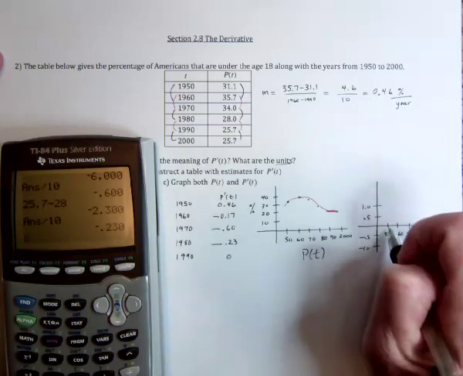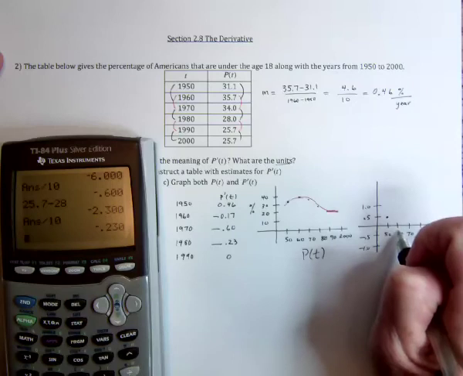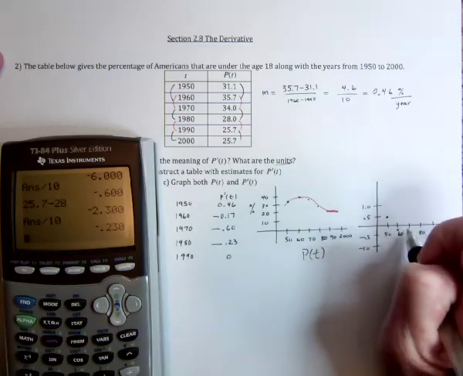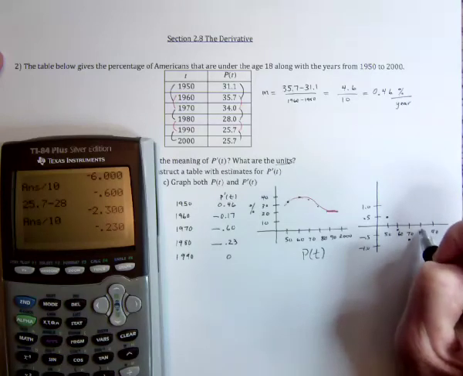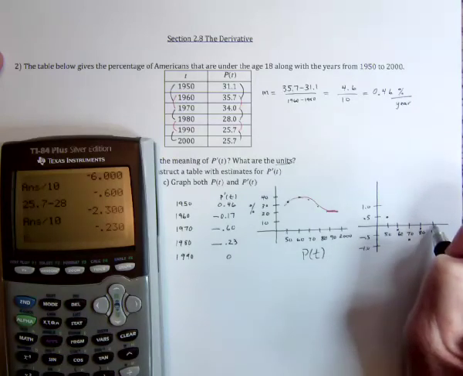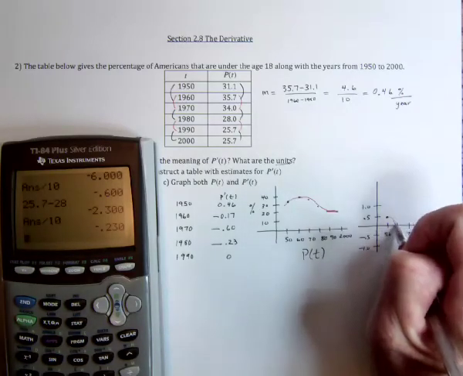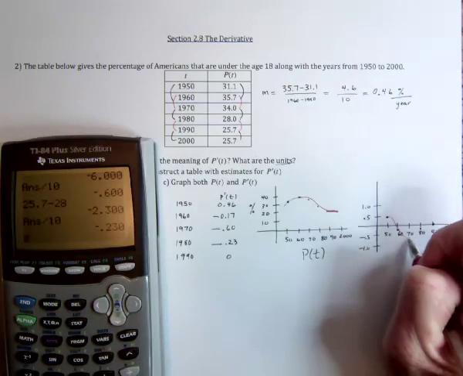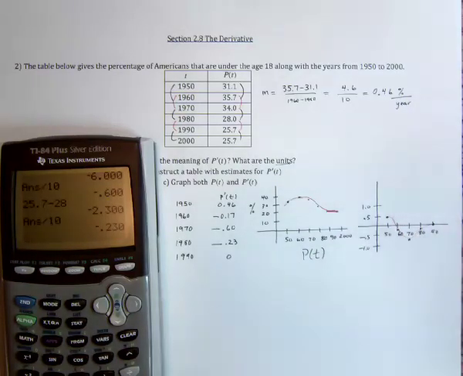So in the 50s, it was at 0.46, and then negative 0.17, and negative 0.6, a negative 0.25, and a 0. And so this one would have looked sort of like cosine. Graph both of them, and that's it.